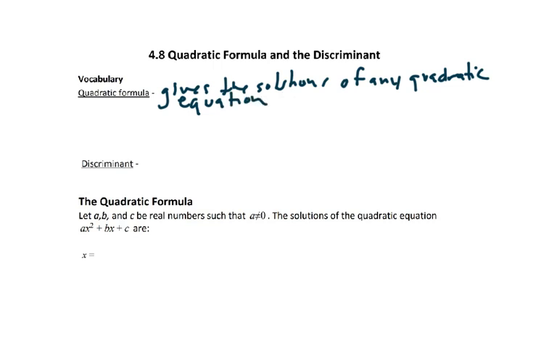Next, the discriminant. Well, the discriminant is interesting. It is a small part of the quadratic formula, and I'll be showing you that in just a moment. When I give you the actual formula, I'm going to write the discriminant in a different color and mention that to you. But I want to tell you what the discriminant does.